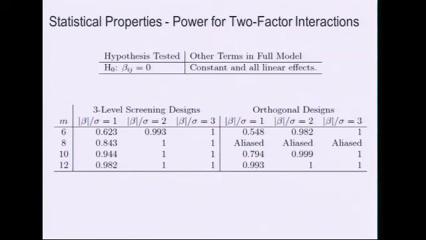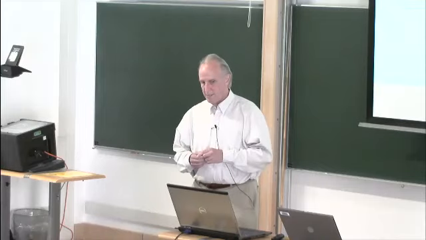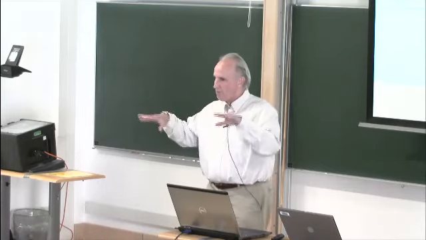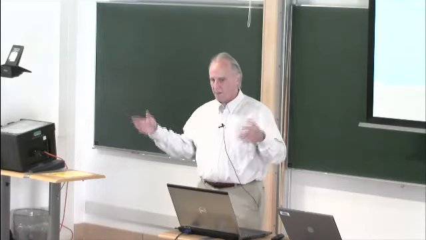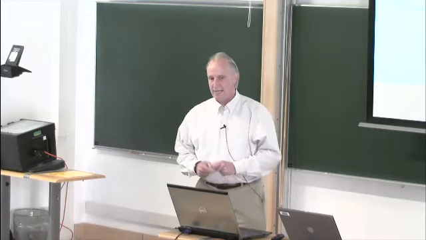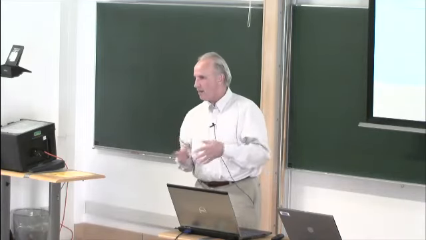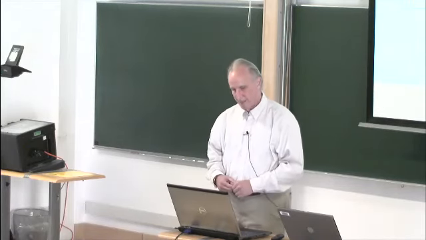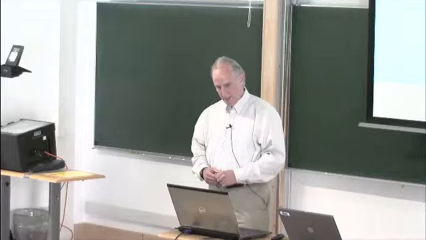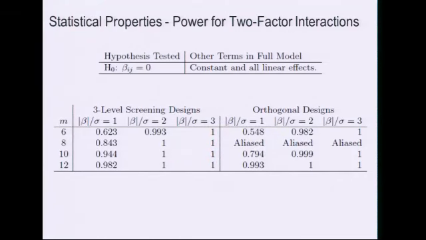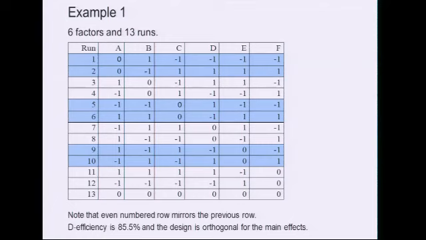You can detect interaction effects from the Plackett-Burman type designs, and if you have all the main effects in the model, and then you pick any interaction effect, the powers shown here are the average powers over all the possible choices of the extra interaction effect. And you can see that these designs are actually doing better in most cases than the Plackett-Burman design in picking out those 2-factor interactions.